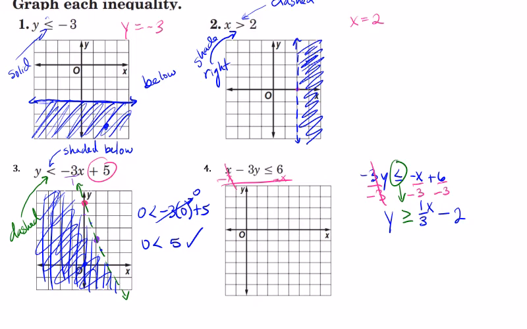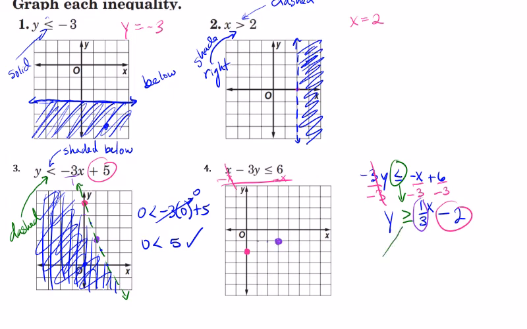All right, so now I'm going to start with plotting the y-intercept. So that negative 2 is going to go right here. And then the slope is 1/3, positive 1/3. So it's going to go up 1 over 1, 2, 3. Okay.